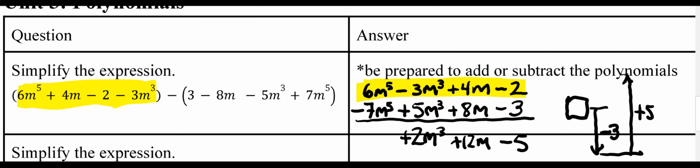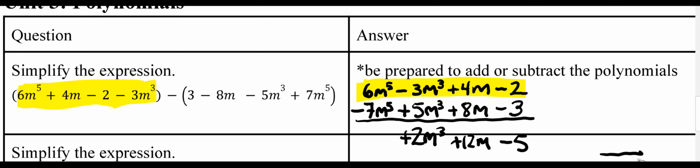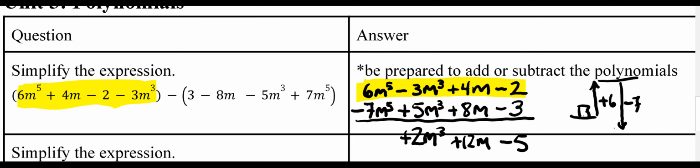And then finally, I've got that 6m to the 5th minus 7m to the 5th. And if I go in my elevator here, up 6, and then from there go down 7, I'm going to end up at negative 1.